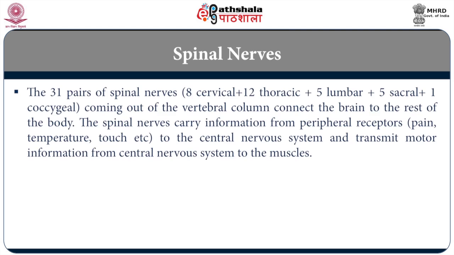Coming out of the vertebral column on your back, these spinal nerves connect the brain to the rest of the body. The spinal nerves carry information from peripheral receptors like pain, temperature, touch, pressure to the central nervous system and transmit motor information from the central nervous system to the muscles.